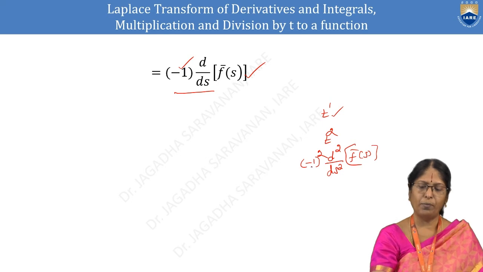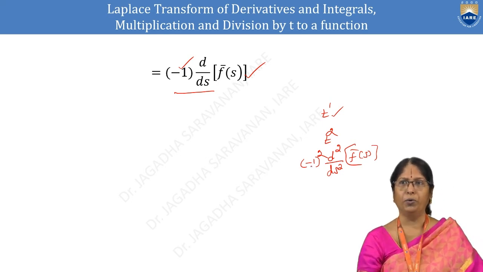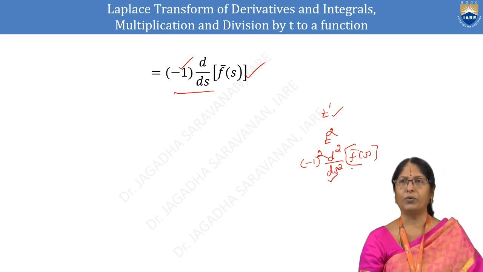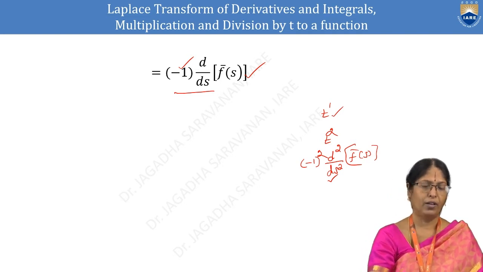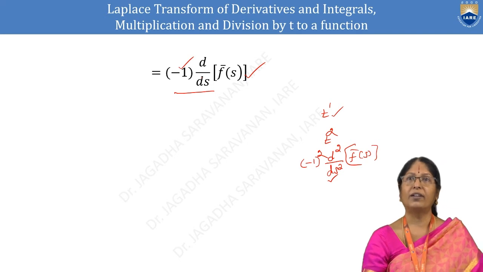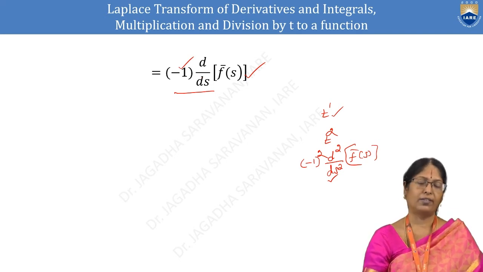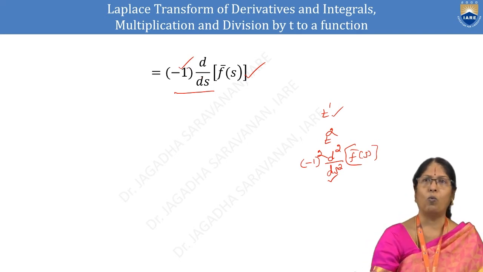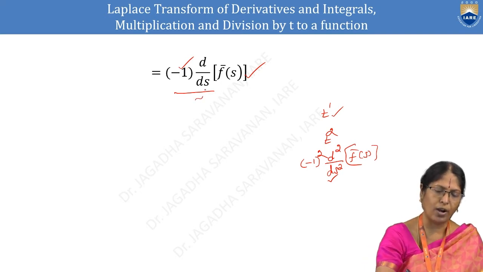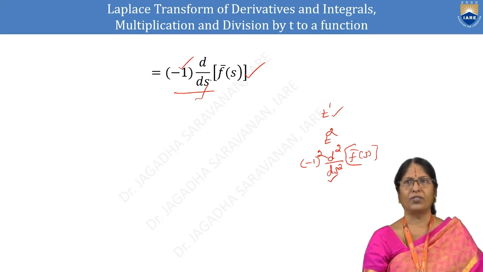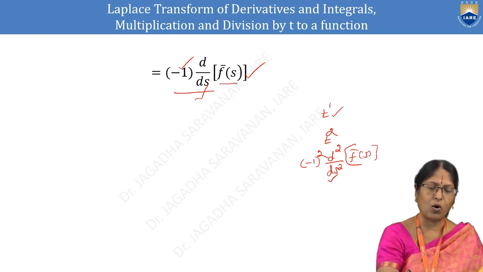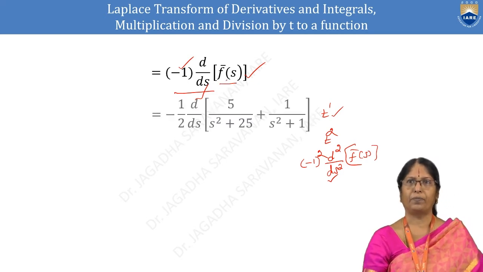If it is t cube, minus 1 the whole cube, and we do the differentiation 3 times. We will come back to our problem. Ours is t power 1, so that is the reason: minus 1 into only one time differentiation of f bar of s. This part we already did.